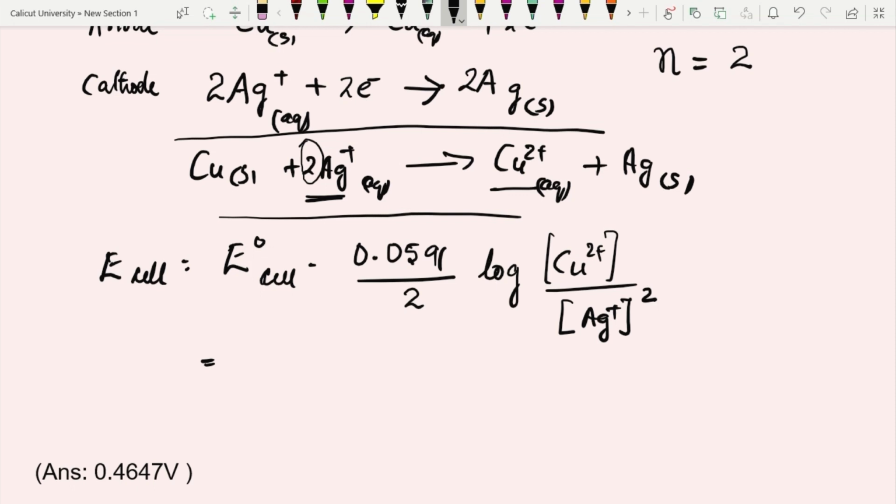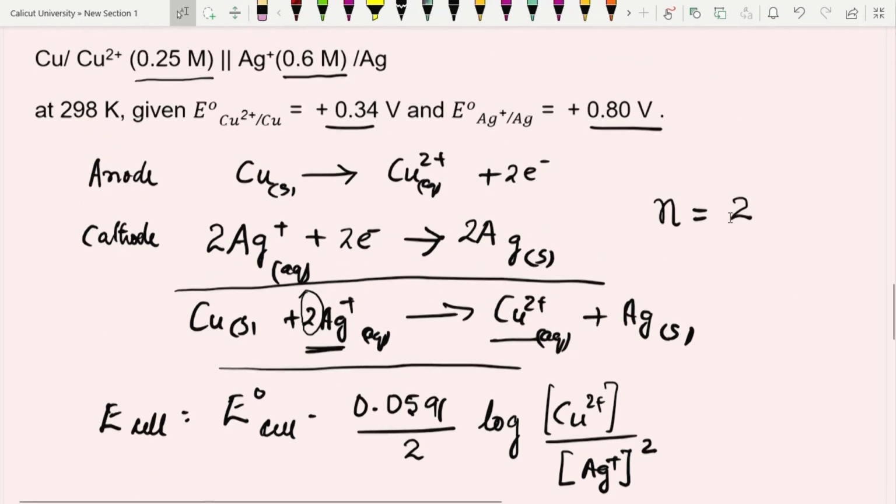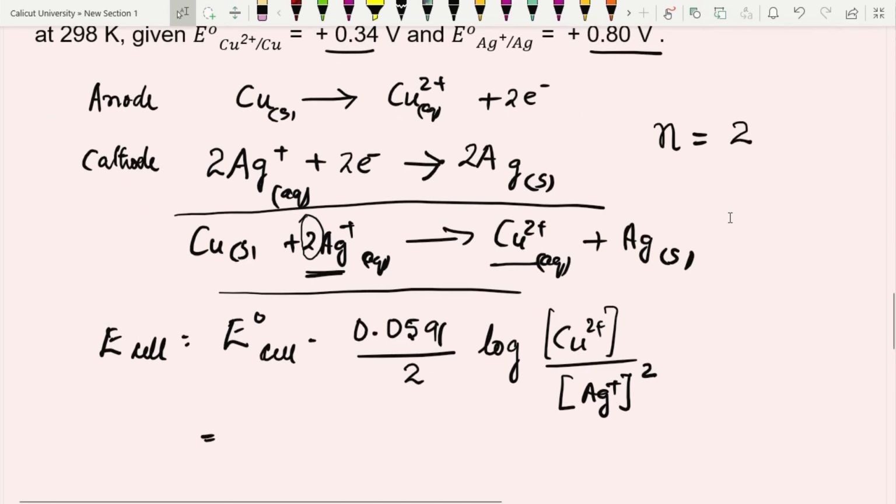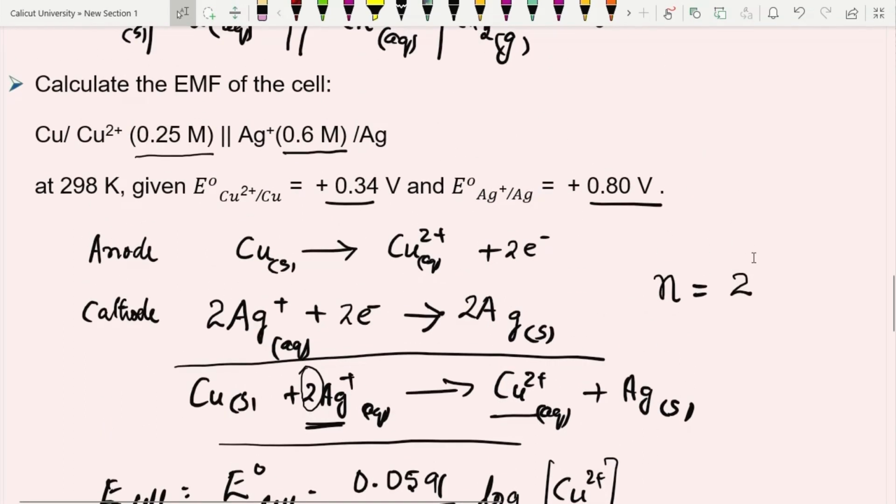Now, substitute the values. E0 of the cell has to be calculated. E0 cell is E0 of cathode minus E0 of anode. The cathode value is 0.80 minus 0.34.